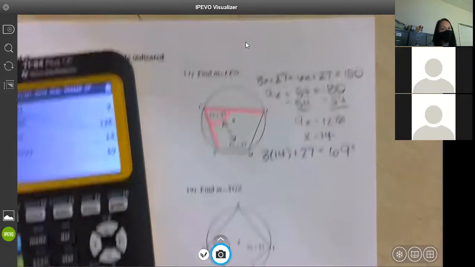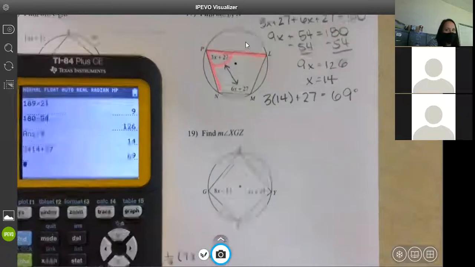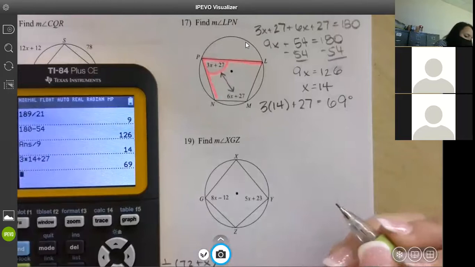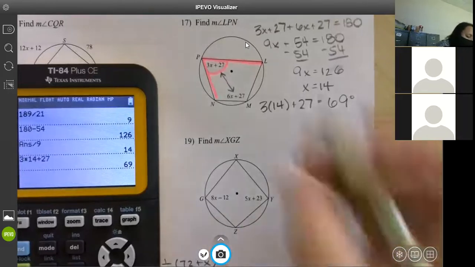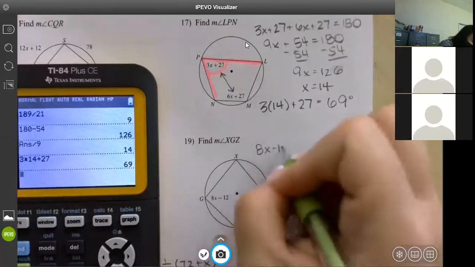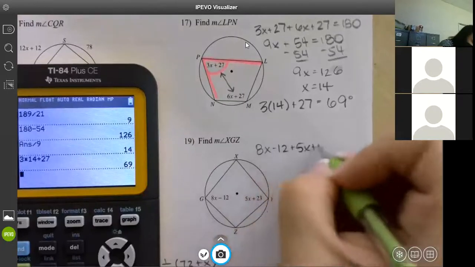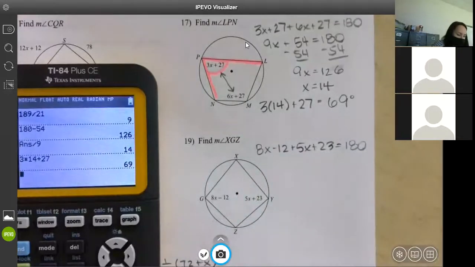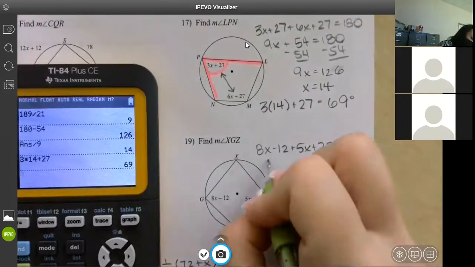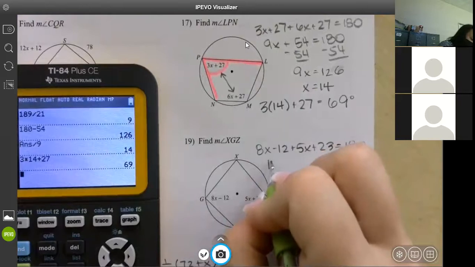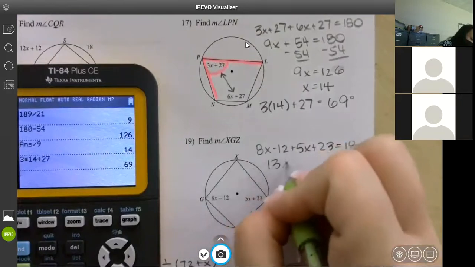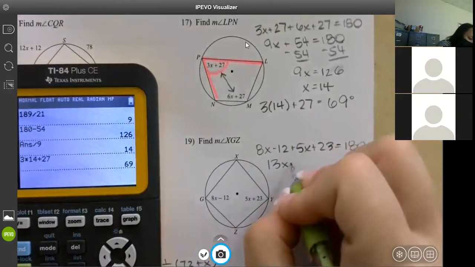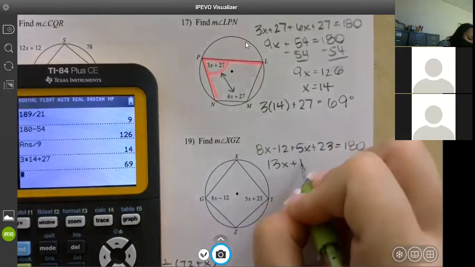All right. 19 is the same exact way, so I'm just going to scoot down and do that one so I can leave both up. How do I set this up? Add them together and set them equal to 180. Perfect. 8 plus 5 is 13. 23 minus 12 is 11.